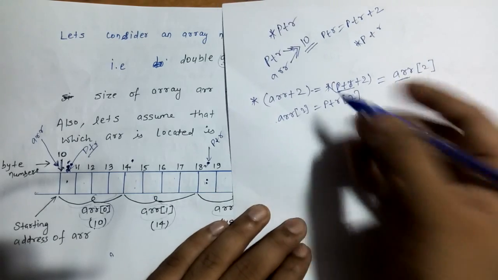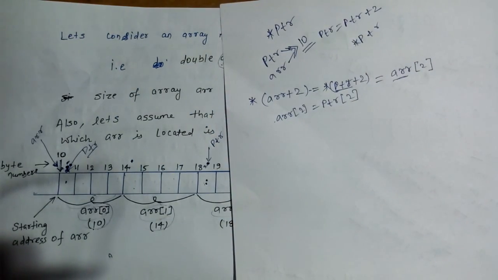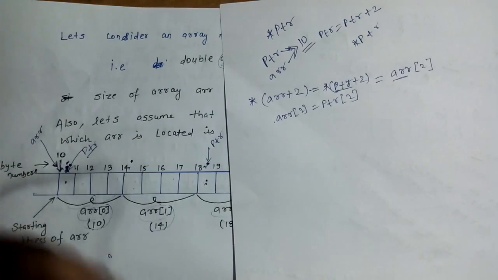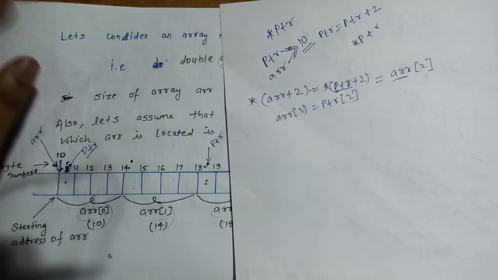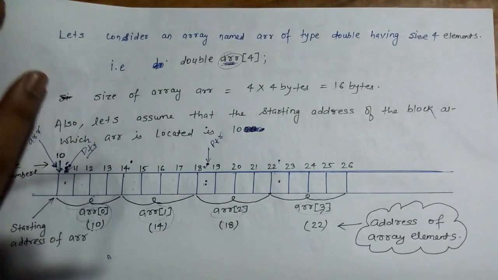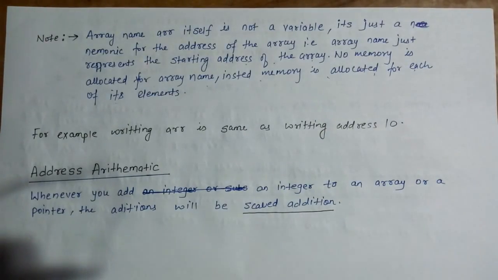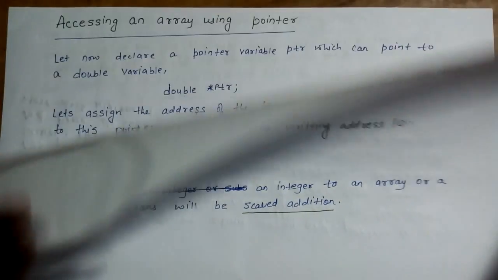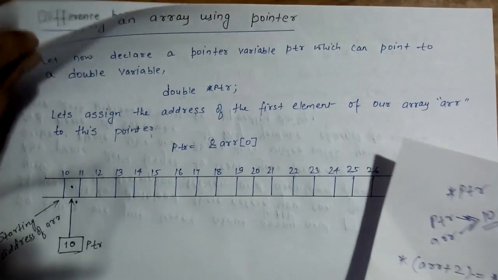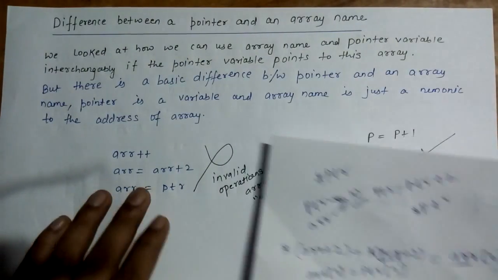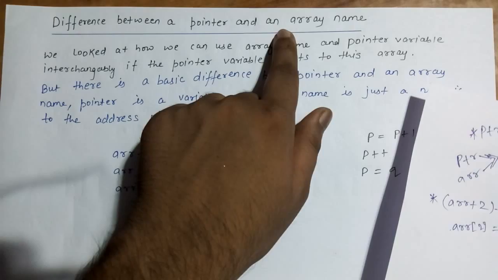So you just saw there is not much difference between an array and a pointer variable. You can use the pointer variable in the same way you are using the array name, but there is one difference between an array name and a pointer variable. What is that difference? We will say the difference between a pointer and an array name.